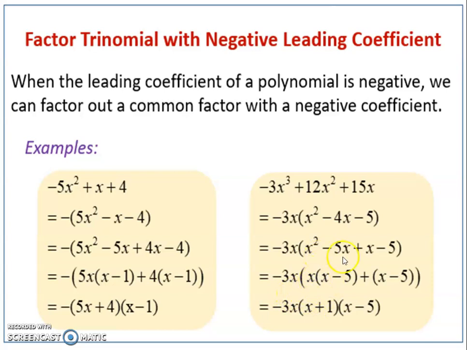We take x common from these two terms and derive x − 5. From the other term we get 1 in bracket (x − 5). So we derive x + 1 in the first bracket and x − 5 in the second bracket. Both these concepts are most useful in the chapter partial fractions to resolve the denominator.